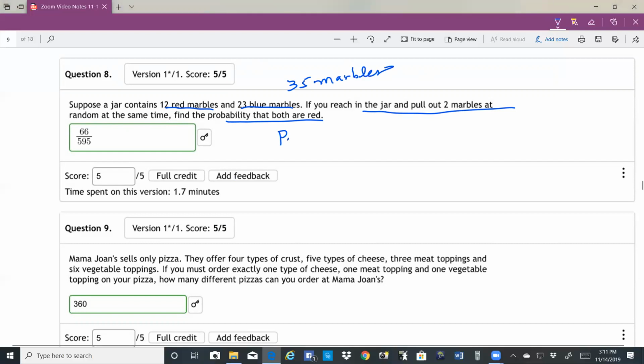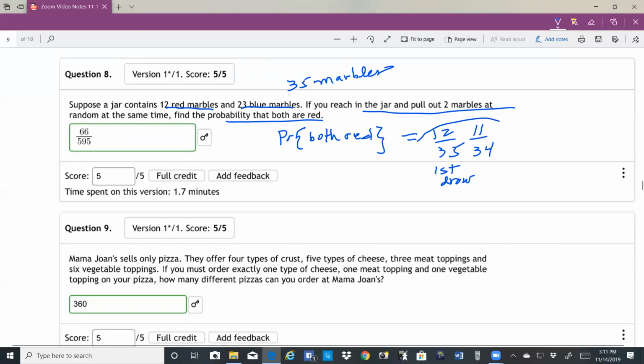The probability that they're both red, since there are 12 red marbles to start out of 35. So the first draw, probability is 12 out of 35. And then there are 34 marbles left with 11 now having that are red.